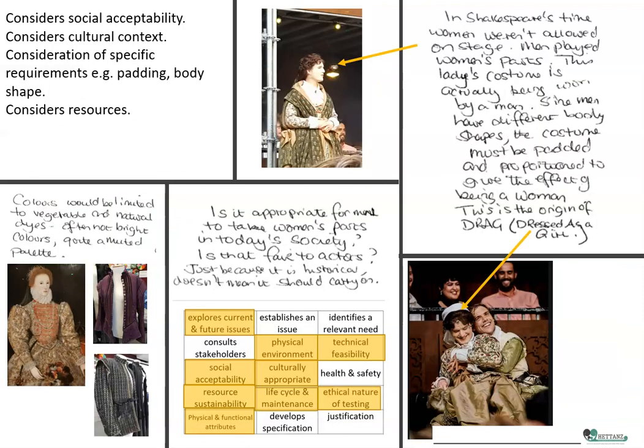They also started to consider social acceptability. So in Shakespeare's time, the parts of women were played by men, and would this be acceptable in today's society, especially in light of the Me Too movement? They thought about the colours that were used and how they were quite muted and soft, and identified that that would be as a result of the use of natural dyes which would fade in light.